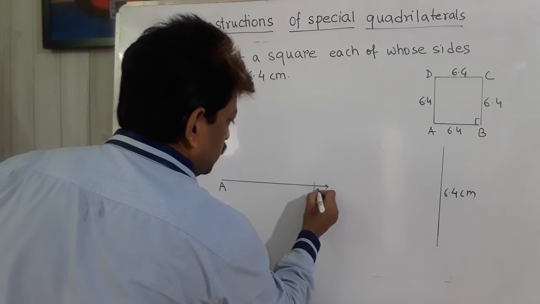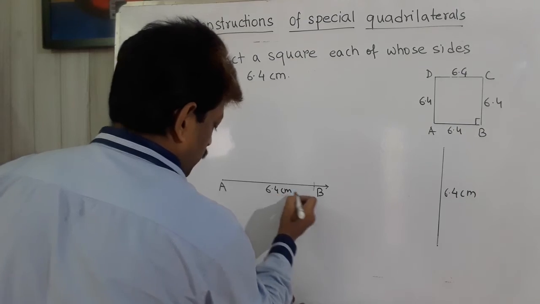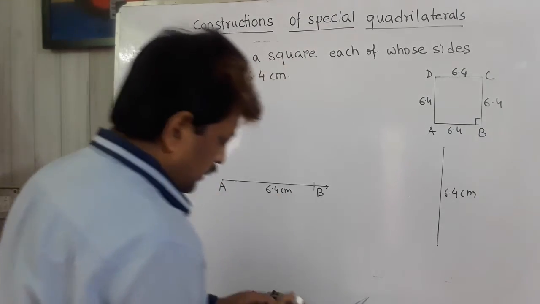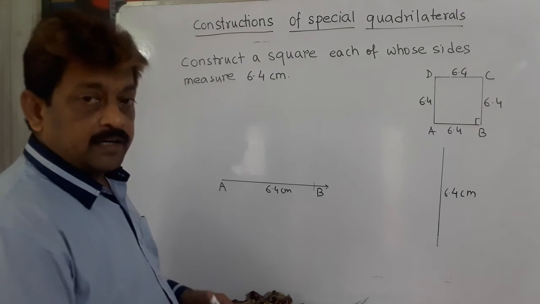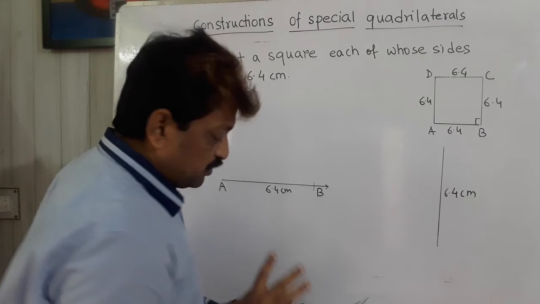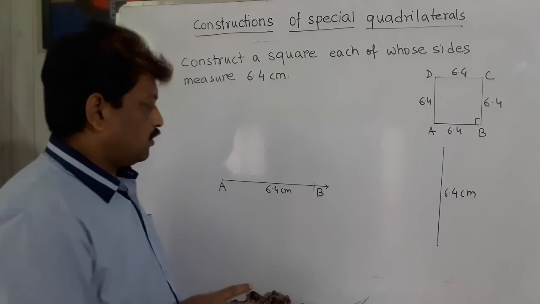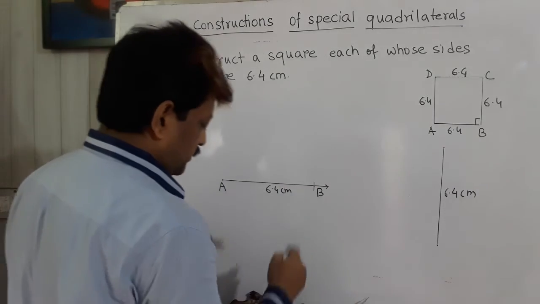This is B and this is 6.4 centimeter. Now we all know that the included angles of square are right angles. So both at A and B, I have to draw 90 degrees, the right angles.